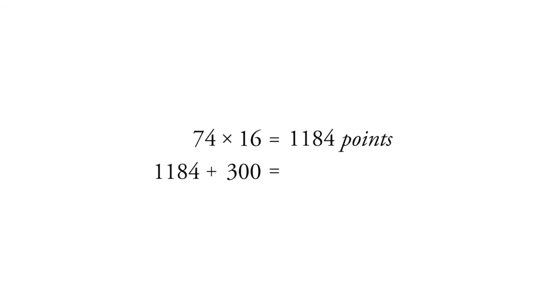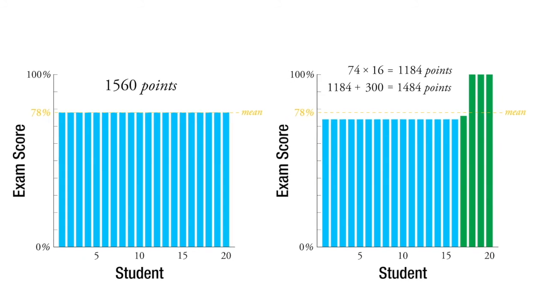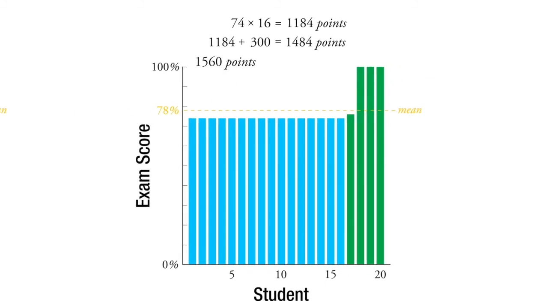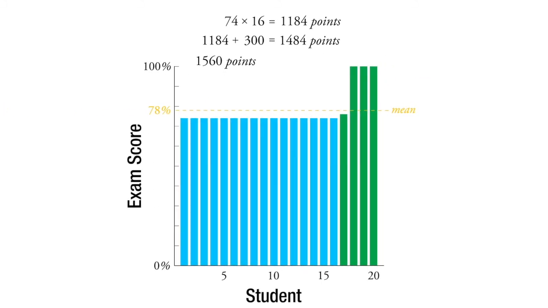And that's going to give us 1,484 total points. So we're trying to figure out the lowest score for that 20th student, or in this case, our 17th student, whichever way we want to look at it. And so we need to get to 1,560 total points. And right now we're at 1,484 total points with the 3 100s. And that gives us a difference of those two of 76%. So that's our answer.